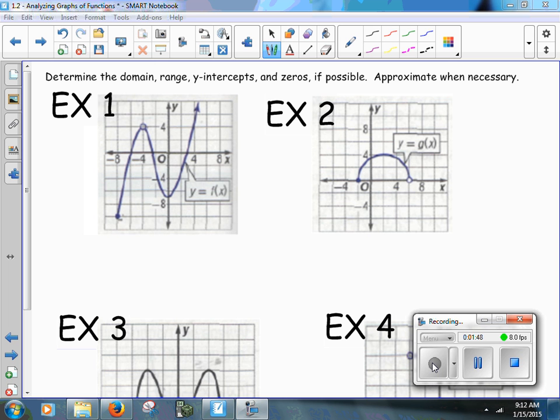But what would the domain be for example 1? Does everybody agree? It doesn't include x equals -4. Okay, so we got to recoup.